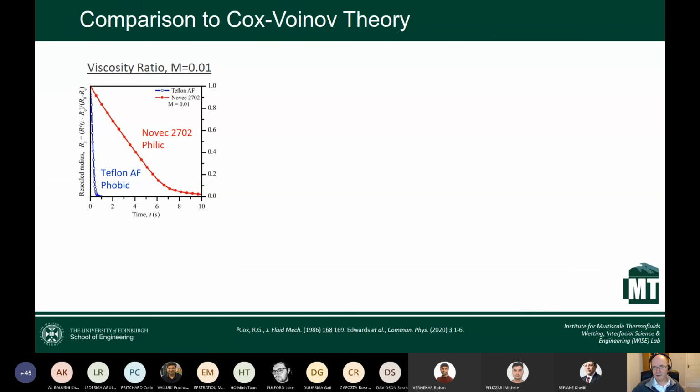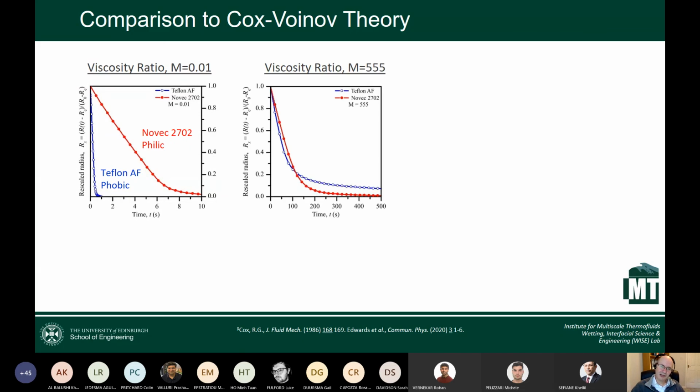You can compare that to what you expect from Cox-Voinov theory, that's fluid mechanics, and you can sort of understand why. For very low outer viscosity liquids, the thing that dominates the timescale is the retraction of the rim. When you go to higher viscosity ratios, what dominates the overall time is the final stage of the retraction to a droplet.